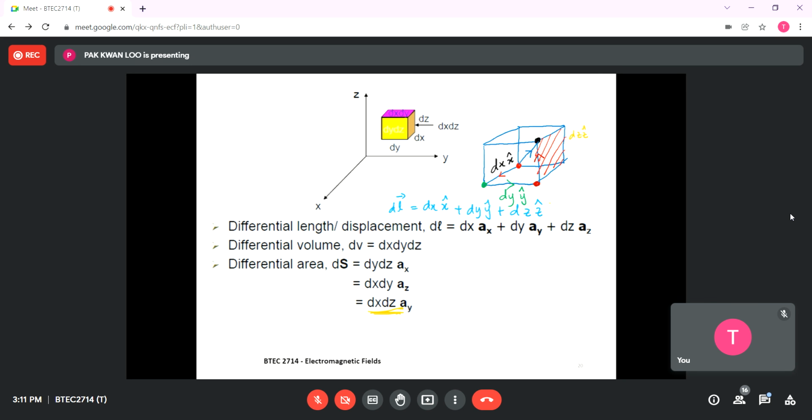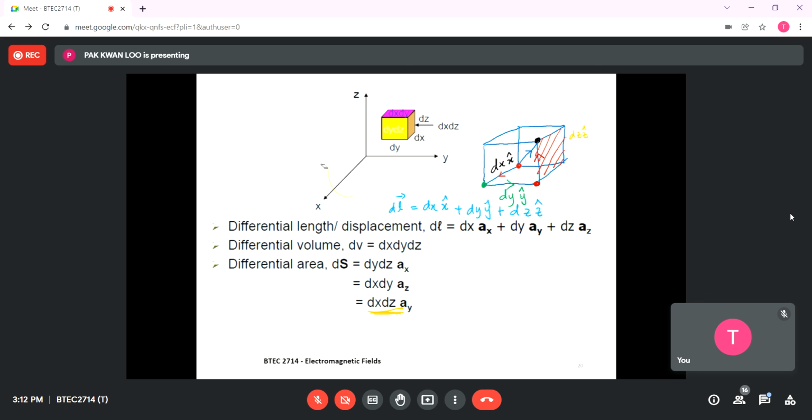For differential area, earlier I mentioned that for volume, there is no direction. Of course, area also, we do not normally associate area with direction, but in this course, we need to associate them with the direction of the area.